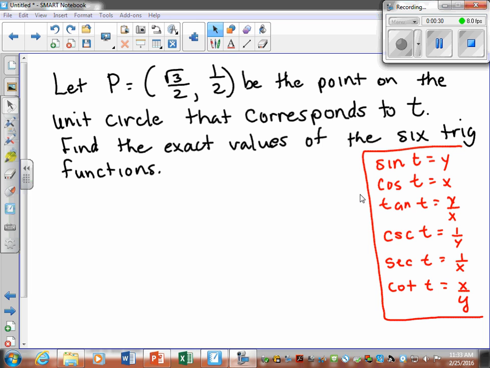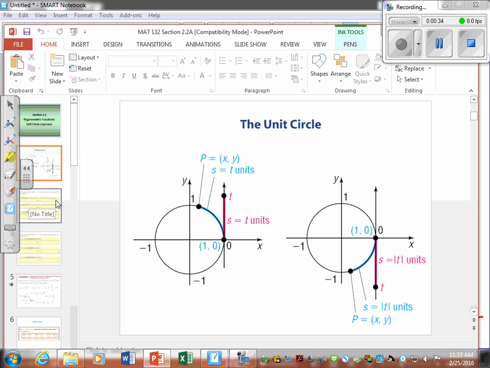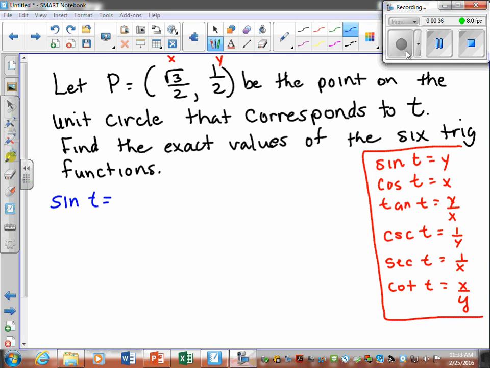And our first trig function we're going to start with is our, whoops. Okay, so in our ordered pair, this is our x value, this is our y value. So sine of t, by definition, is the y value. So what's the sine of t going to be equal to? 1/2. Great. Okay, what about the cosine of t?